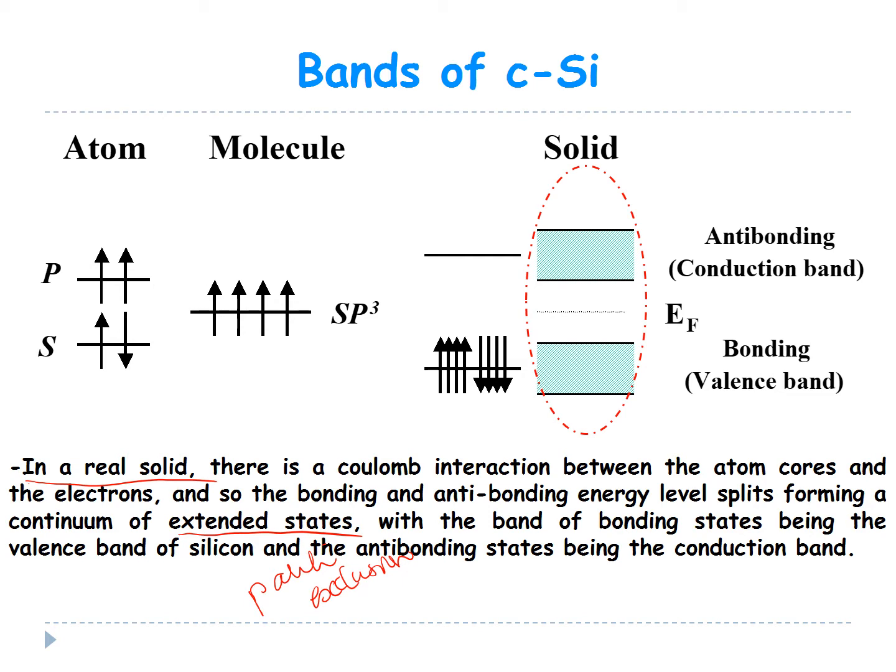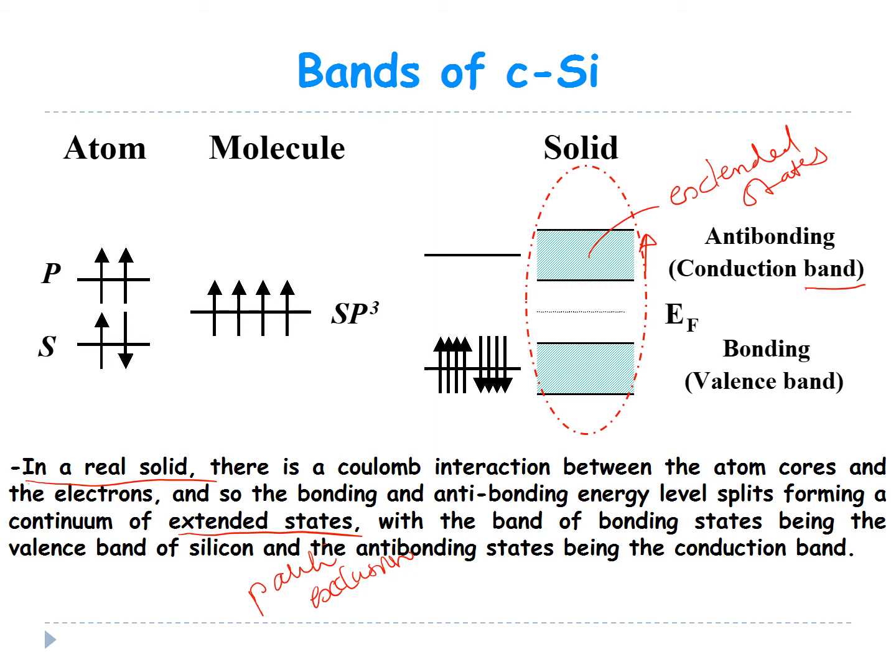Now, if you consider a solid, you have millions and millions of electrons coming together, so they cannot fit in only two states, so you get this continuum of extended states. So these are what we call the extended states. Or simply you can call them bands.